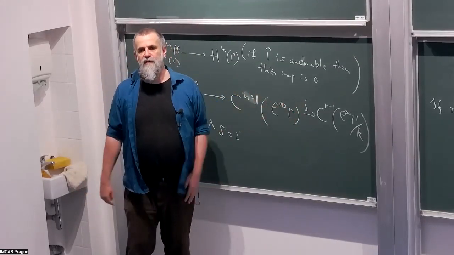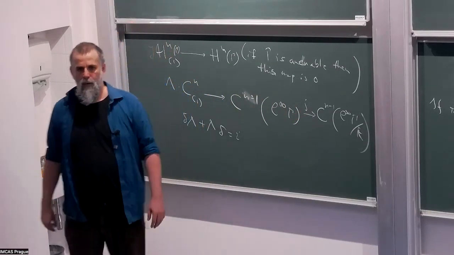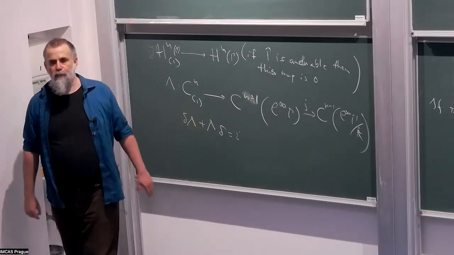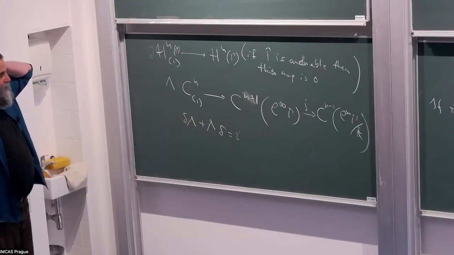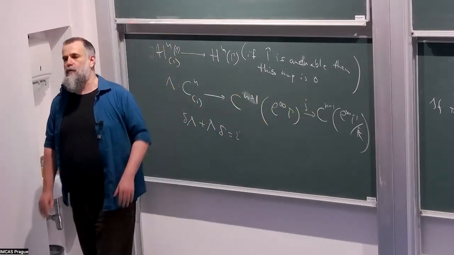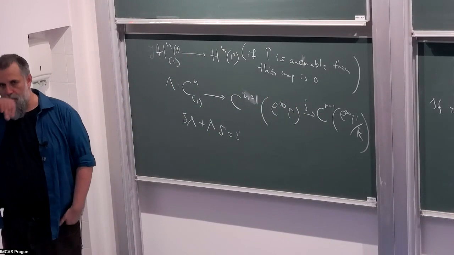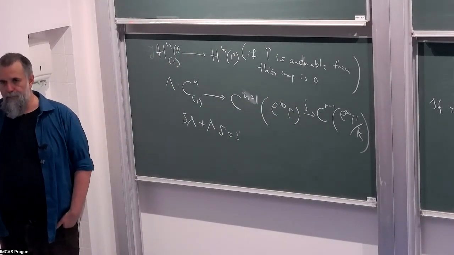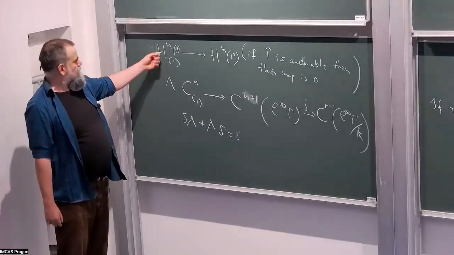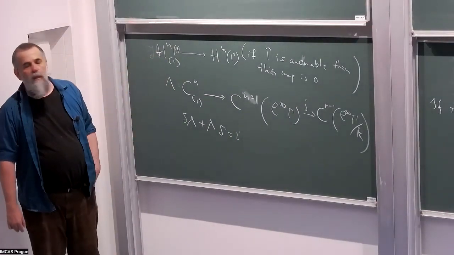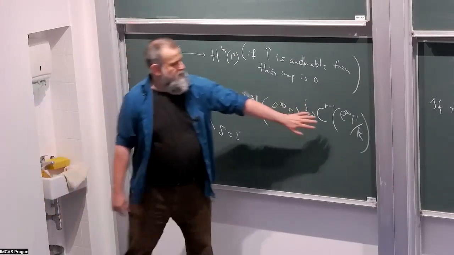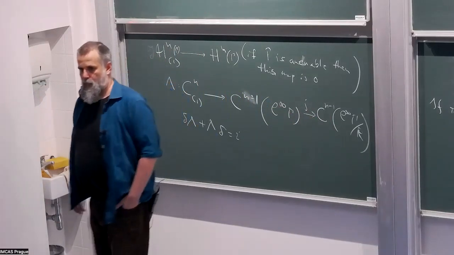It commutes with the differential, right? Because the constants are cocycles. Okay. So I claim that this map is an isomorphism after you go to the cohomology. Okay, and this Hn1 is the same as Hn-1 with those coefficients. Okay.